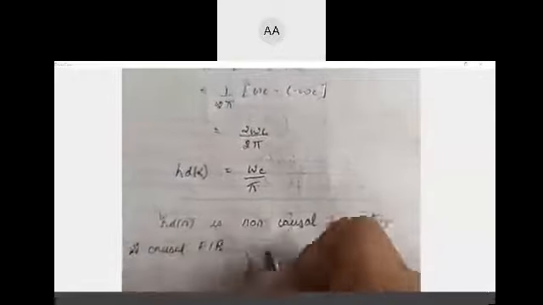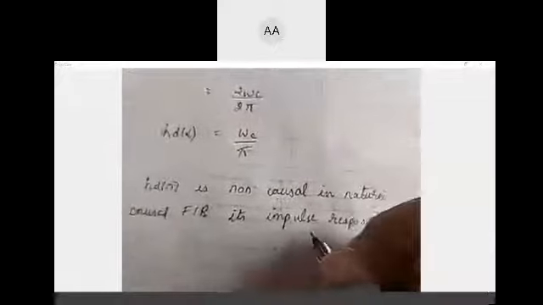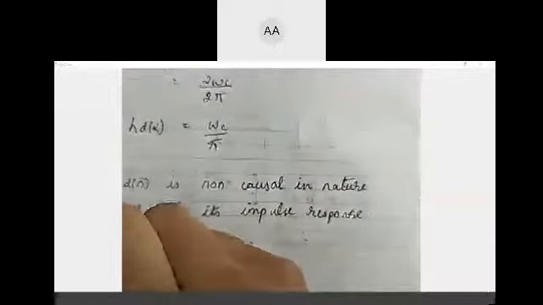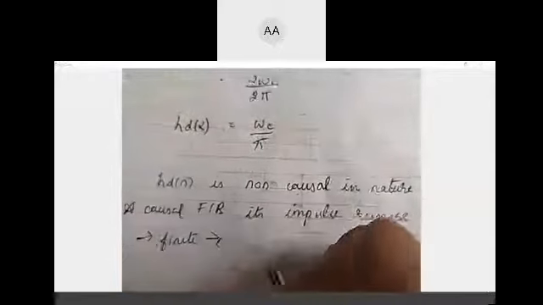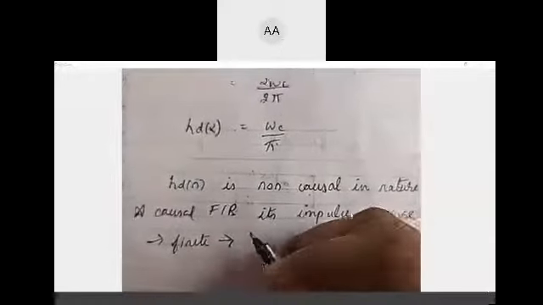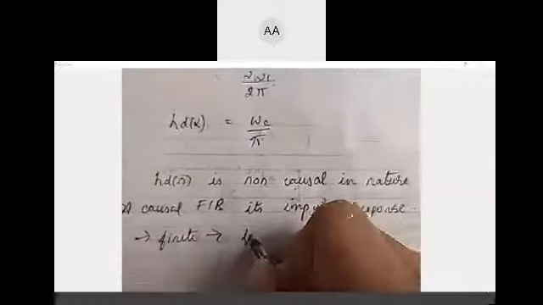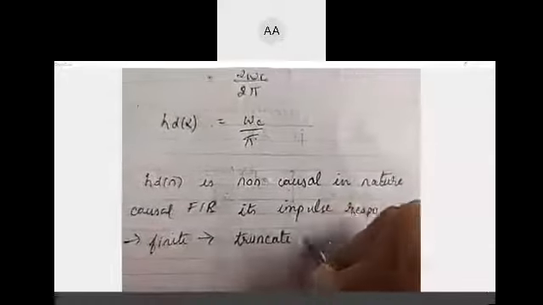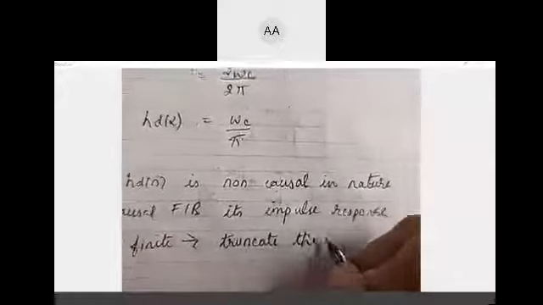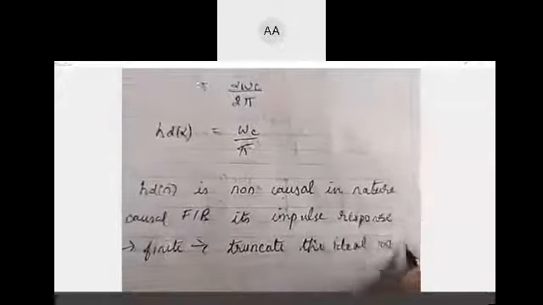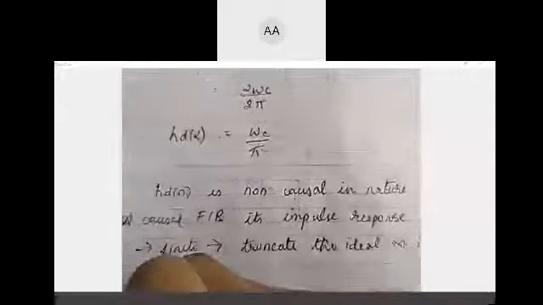What you need is a causal FIR filter, and its actual impulse response you want to be finite. Because you want it to be finite, you obtain it by truncating the ideal infinite impulse response.